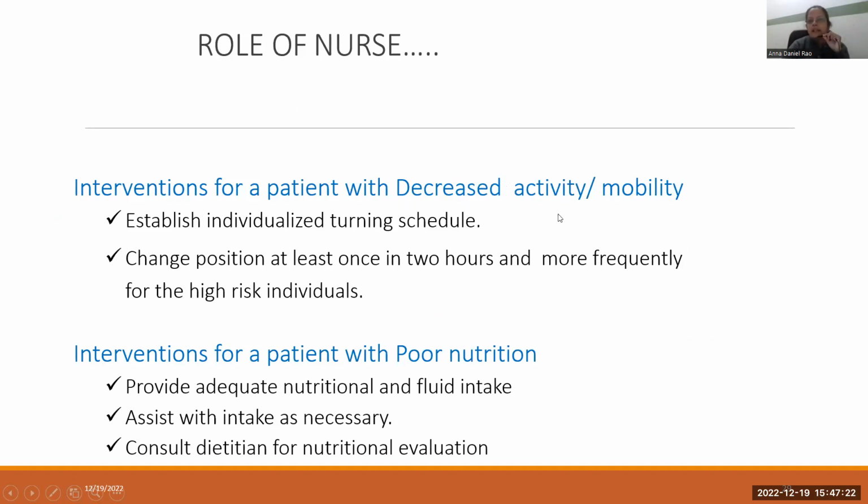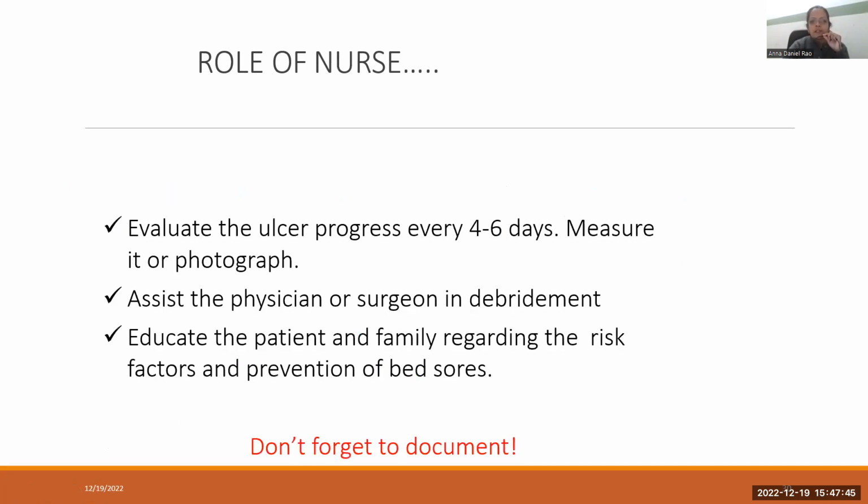If the patient is less active, not mobile, then what to do? And if the patient is having poor nutrition, what to do? So these all points we have already discussed. These are just a kind of summary of how we can help the patient.